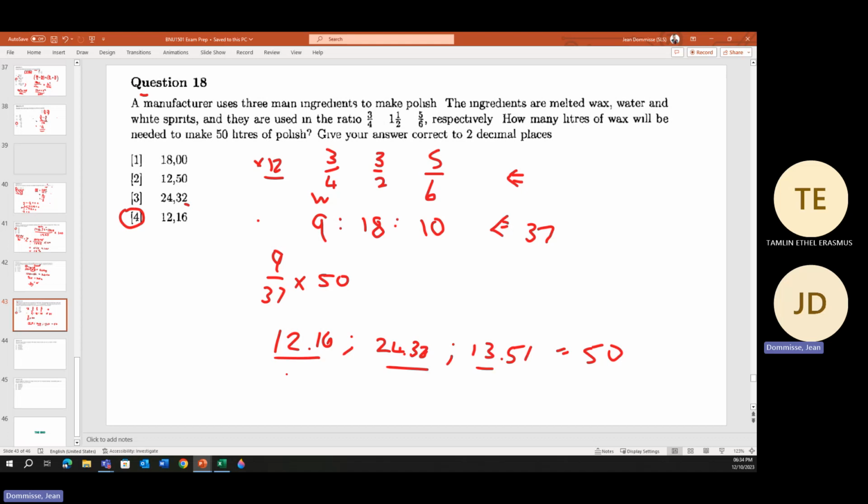This is just to check that we have done the sum correctly. Very similar question. In this instance, they give it to us as fractions. So the fractions we need to transpose back into numbers so that we can get the values we're looking for.